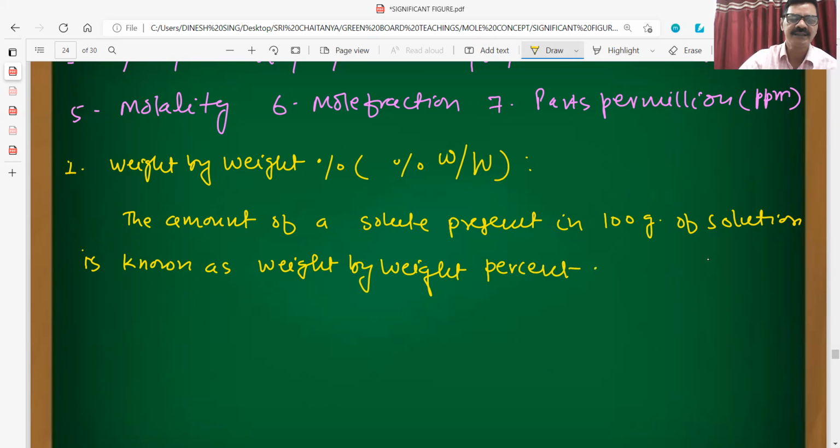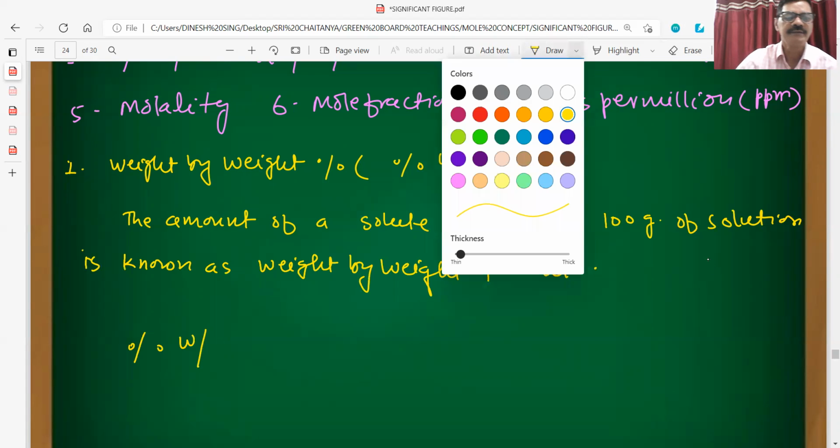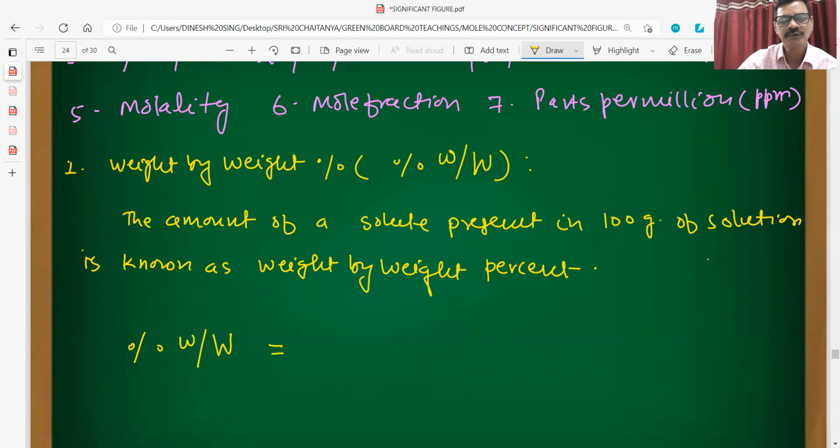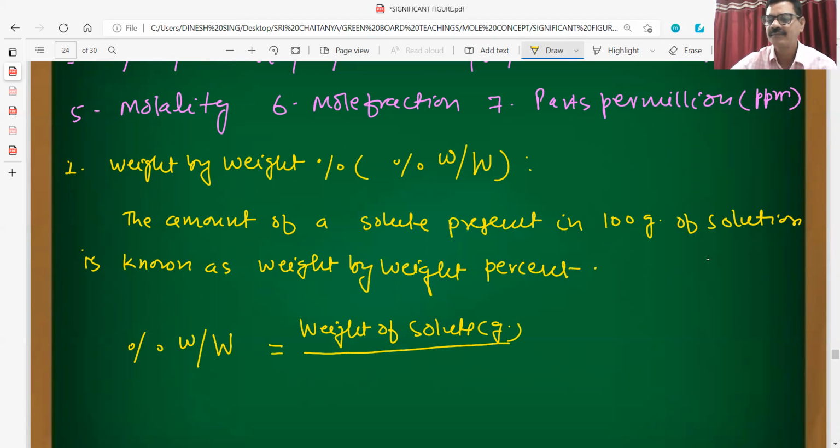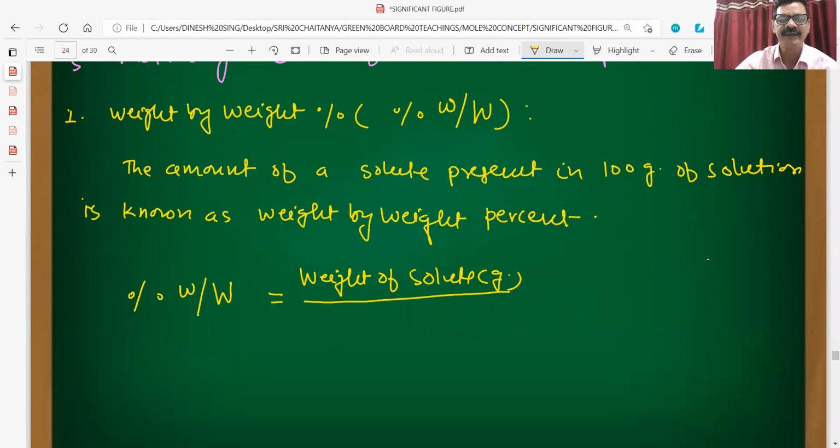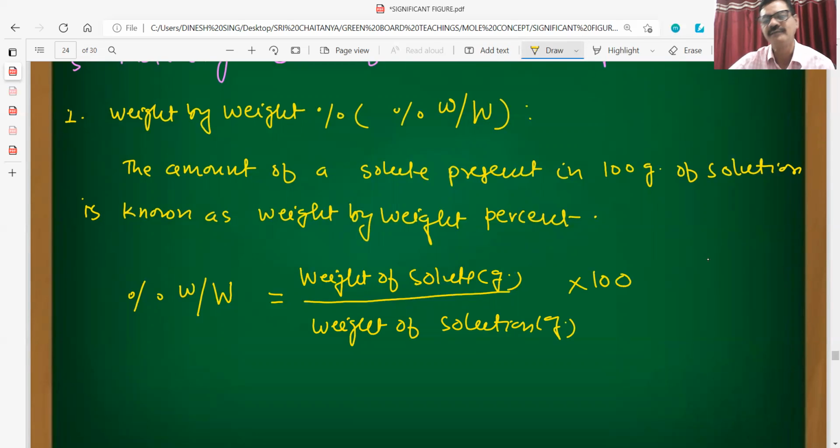So as per the definition, the percent w by W will be equal to the weight of solute in gram divided by the weight of solution, also in gram, into 100.